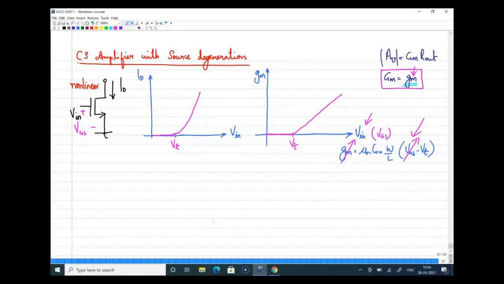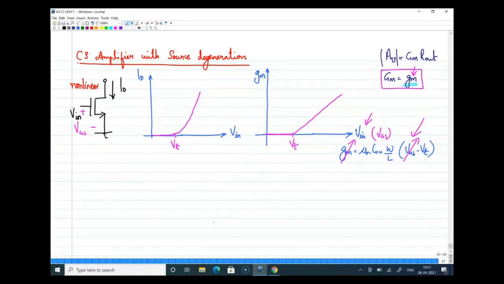Any idea what I'm asking you guys? All right, so let me explain that in this way. With a single transistor where source is connected to ground, we saw that Vin has a non-linear relationship with ID, and GM is actually varying in this form.